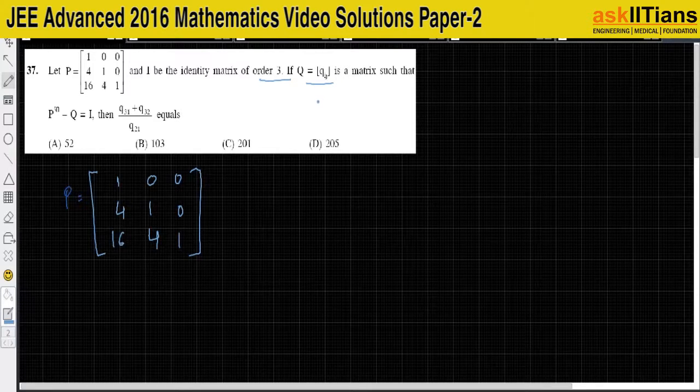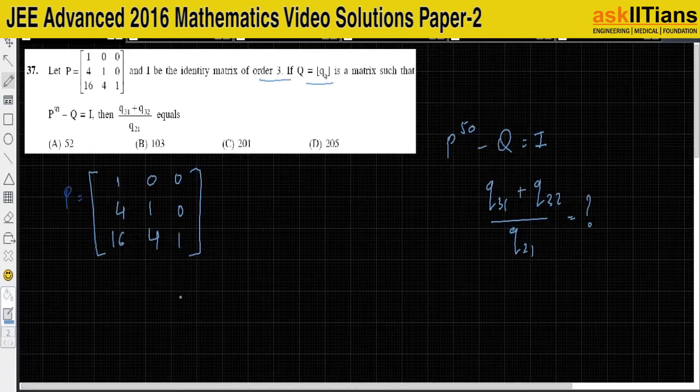Q is another matrix such that P power 50 minus Q is equal to I. So we have to find Q31 plus Q32 divided by Q21. This is what we have to find in the question.